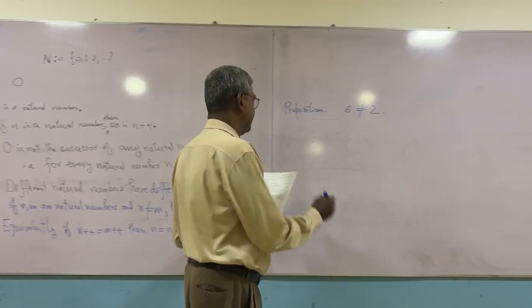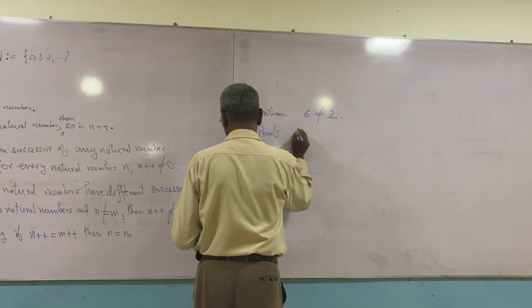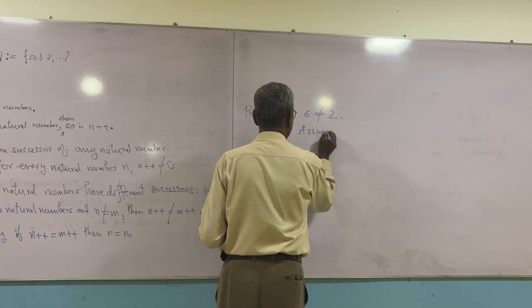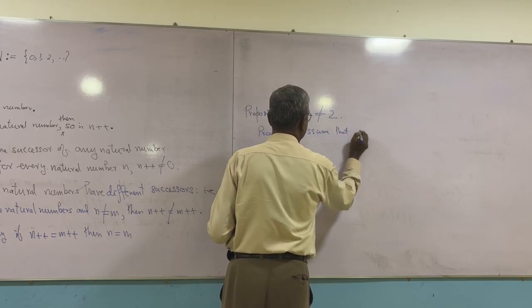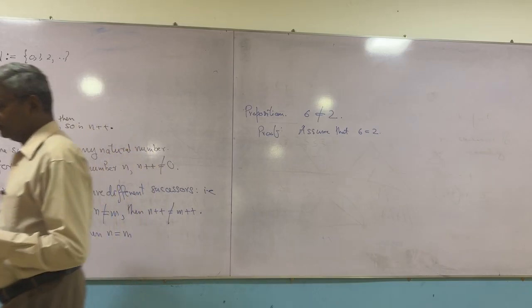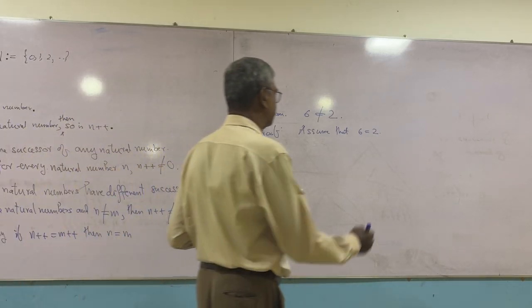Proof: he says, to obtain a contradiction, assume that 6 is equal to 2. What is 6? 6 is 5 plus plus.